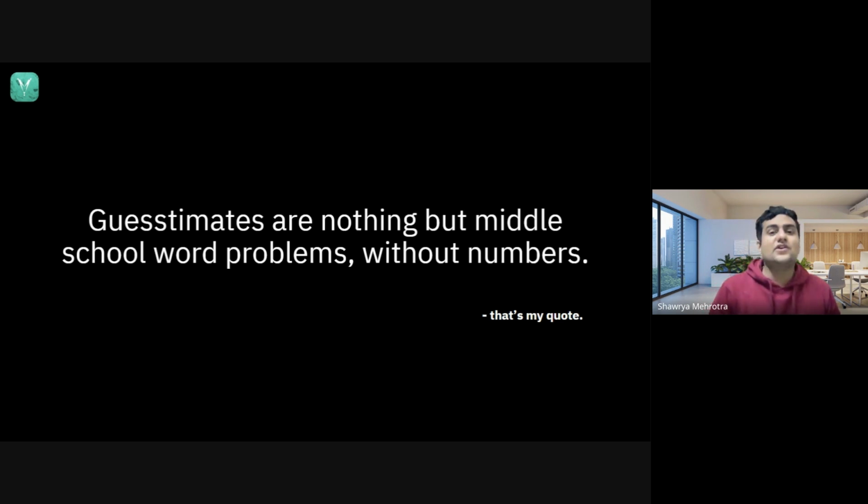Whether it's a question regarding the population of a specific country, or the demand for a specific object, or the market capitalization of a particular device, at the end of the day it is like a middle school word problem, because the concepts of geometry, mensuration, profit loss ratios, unitary methods, basic multiplication, division, addition, or maybe percentages, compound interest, simple interest are actually being tested out. So these are all middle school mathematical concepts. You don't have to be a genius at math to do well at guesstimate questions.